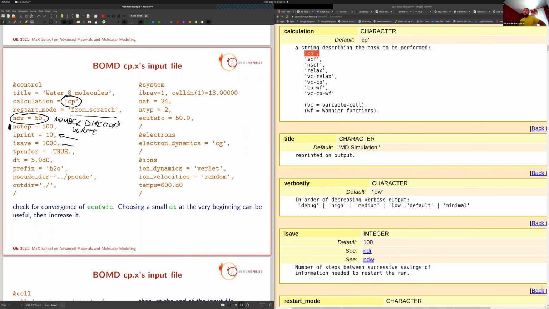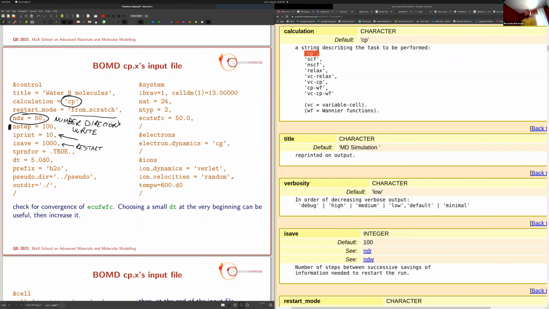Okay, this is telling the code that I want to write a restart file every 1000 steps. Here we don't reach 1000 steps, but suppose you're running a much longer simulation, let's say one that runs for a day on a supercomputer. And suppose at a certain point of the day, the supercomputer crashes, as it can happen.